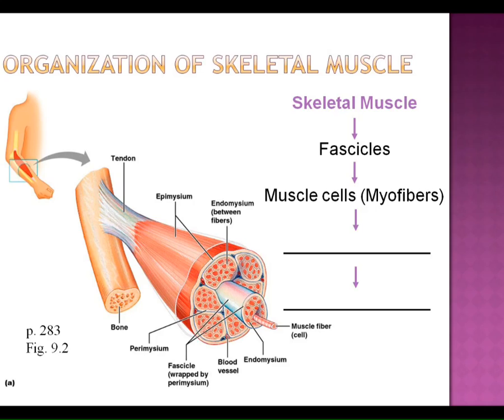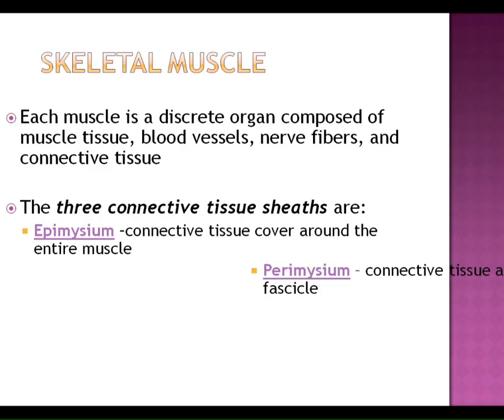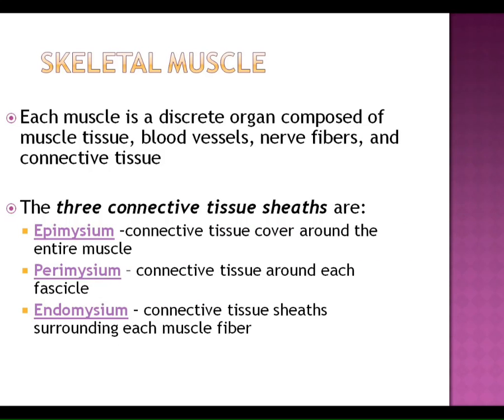And it's myofibrils and then myofilaments. And that's where we're about to dive into. There's your three layers. So just know peri is for the fascicle, epi is for the entire muscle, endo is around each muscle fiber.